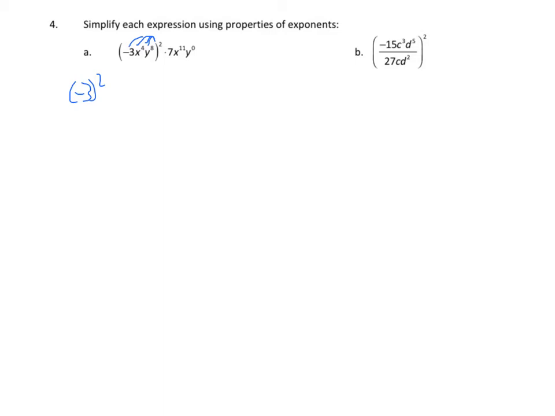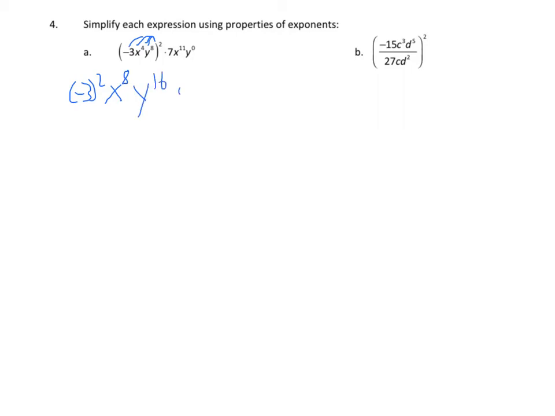It should come out to be +9. Then when I raise x to the fourth to the second power, I multiply the exponents and I get x to the 8th. And then I multiply the exponents for y to the 8th, raised to the second, and we get y to the 16th.